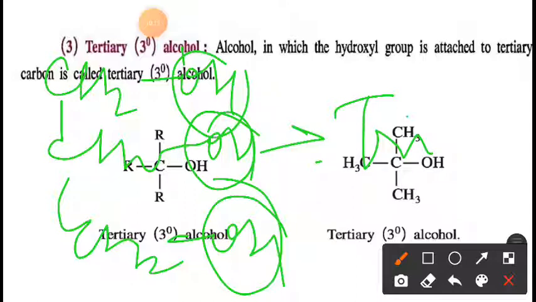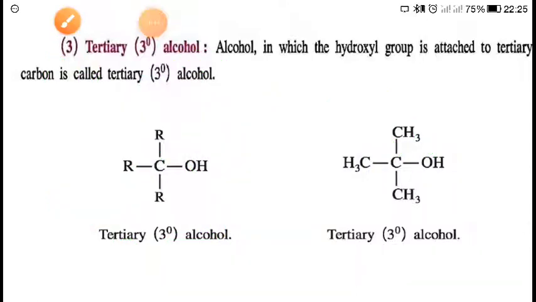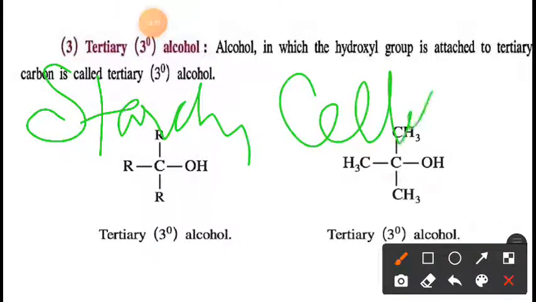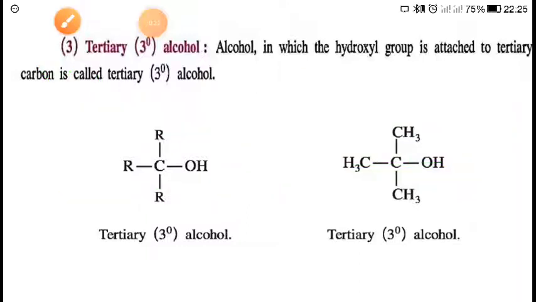Now next, when we talk about the polyhydric, means the starch and cellulose, here so many more than three OH groups are attached in this structure when you will see. So that is why they are called what? Polyhydric alcohol.